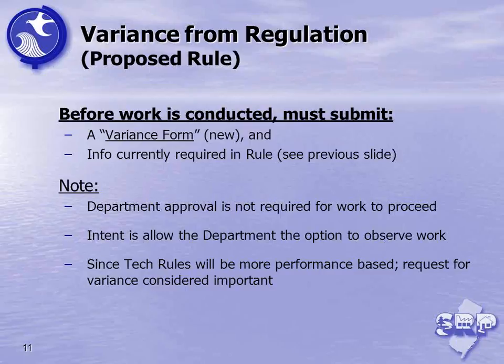In addition to that, you need to submit a variance form. And the idea behind this is not intended to delay the work at all, but it gives the department an opportunity to look at that variance. The work can proceed, but the department has the opportunity to look at the variance, to evaluate it, and if there's any problems, to contact you before the work is done to resolve the issue. In addition to that, the department will have the ability to observe the work.